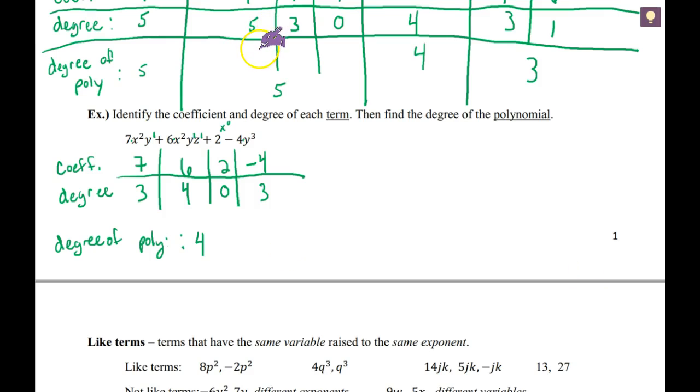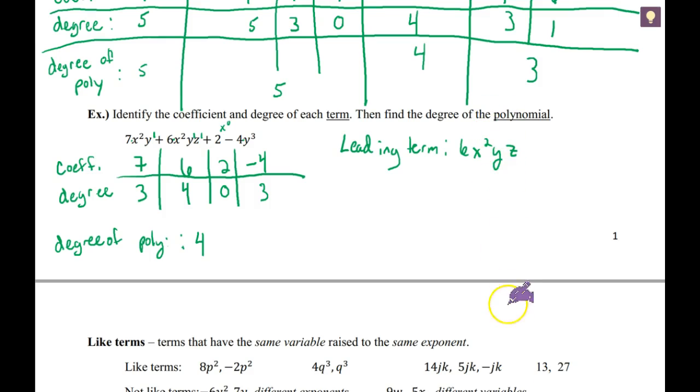Something else that you might see or hear in your homework is that phrase or the vocabulary leading term. So if we were to put a polynomial in descending order, the leading term is the one with the highest degree. So the leading term here would be 6x squared yz.